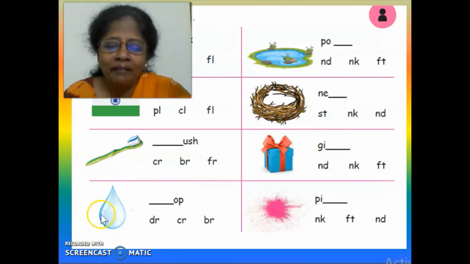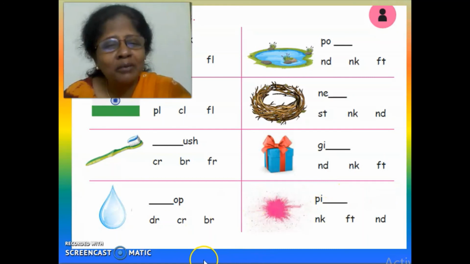And we have a little drop of water. We have the sounds dr, cr, and br. What comes in the drop? Dr. You pick the dr and you put it there. And then we have the color pink. The letters given to you are ink, ift, and ind. So what goes in that? Ink goes in the pink.